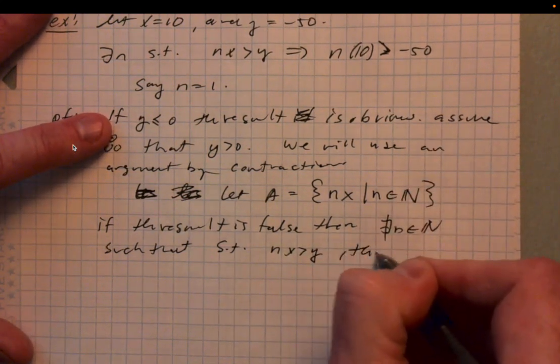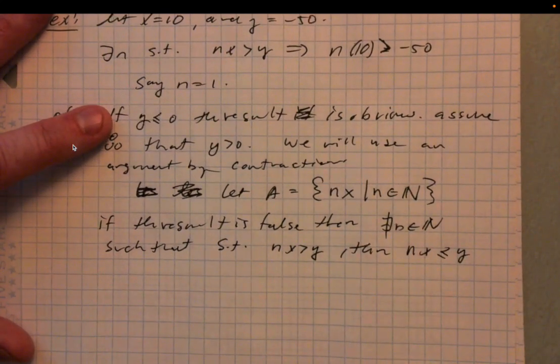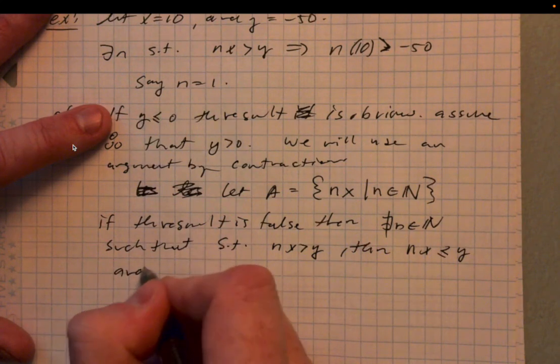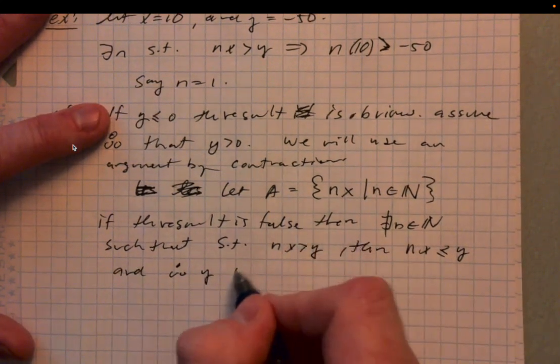Then n times x would have to be less than or equal to y. And therefore, y would be an upper bound for A.